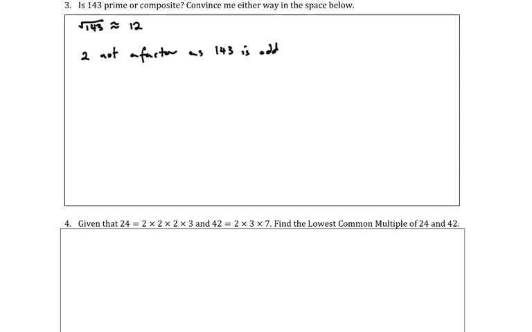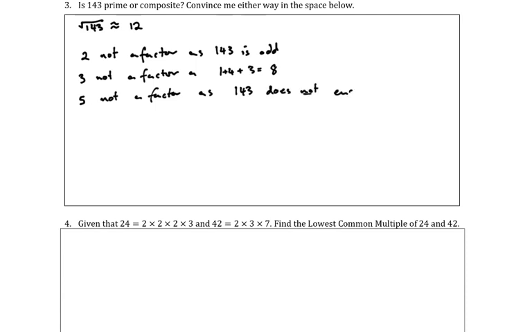What about 3? The digit sum is 1 plus 4 plus 3, which is 8, and 8 is not divisible by 3, so 3 is not a factor. 5 is not a factor because it doesn't end in 0 or 5.